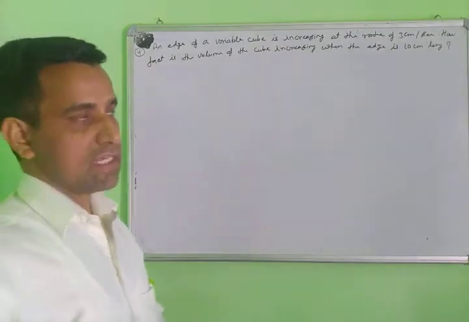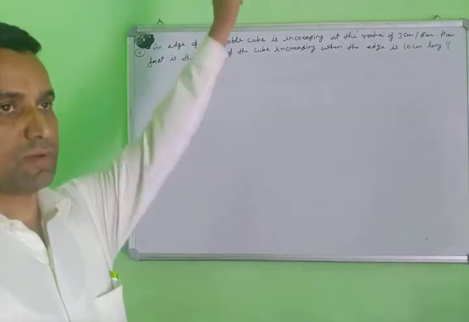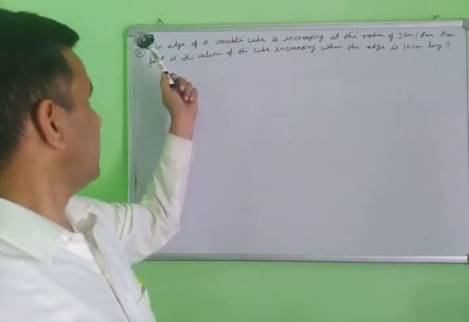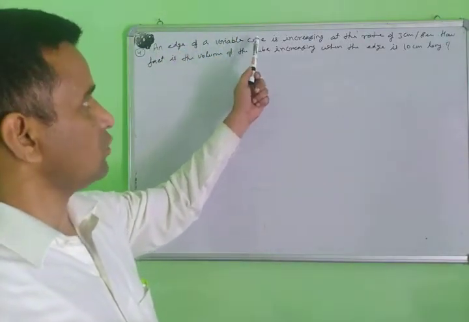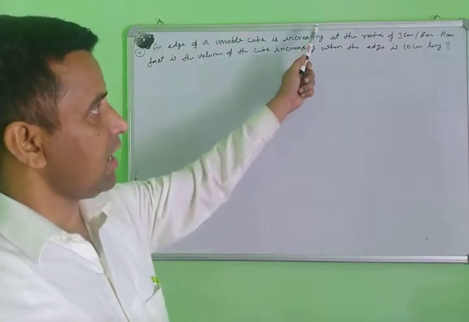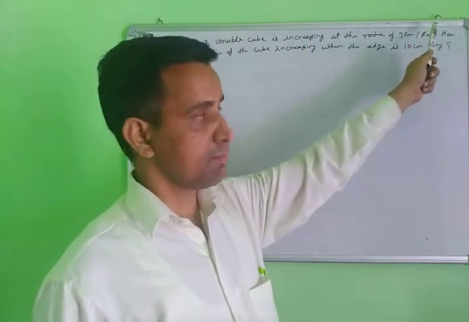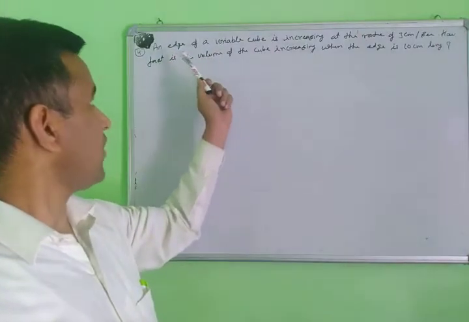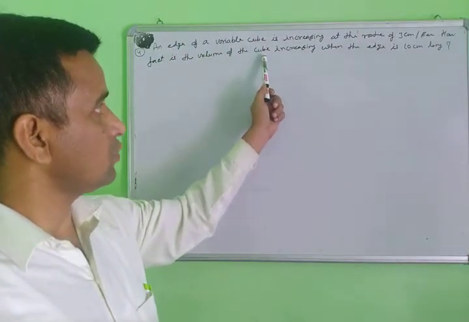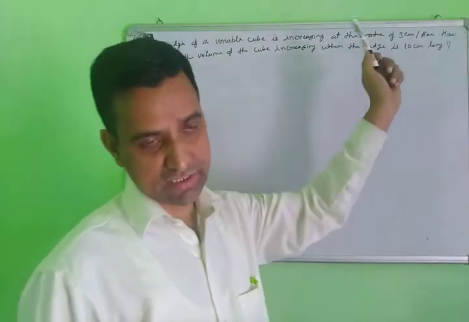Yes, student. Next question, I am taking question number 4 from the NCERT book. An edge of a variable cube is increasing at the rate of 3 centimeter per second. How fast is the volume of the cube increasing when the edge is 10 centimeter?